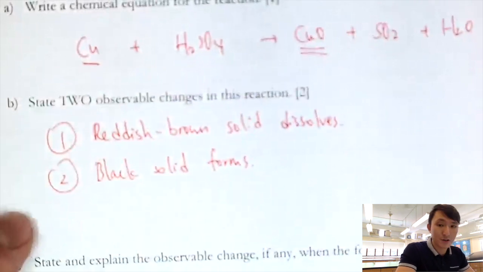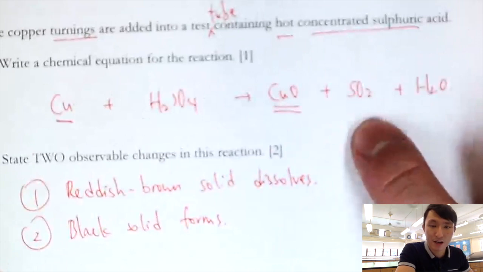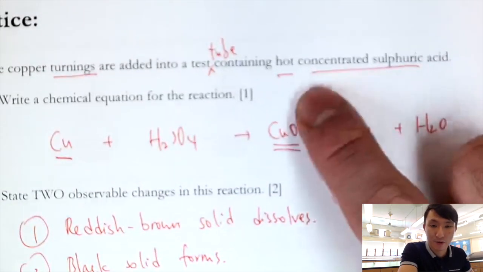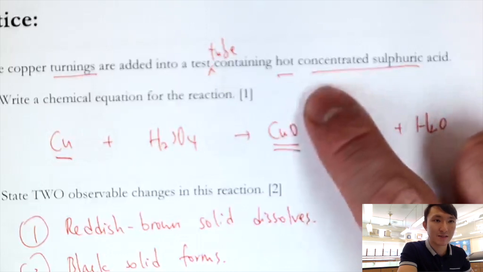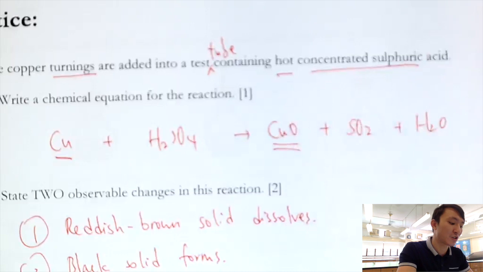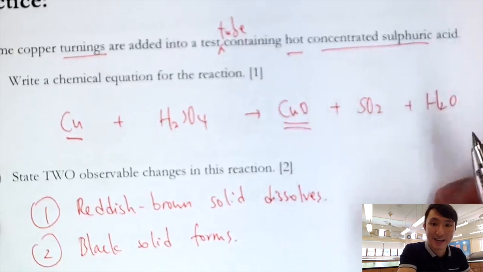Now you may think that, oh, SO2 is being produced, so should I write down colorless bubbles produced? Not a good idea, because first of all, the acid is being heated to boiling, so probably you cannot identify whether the bubble is due to the boiling or the production of SO2. So I don't think that would be the case.